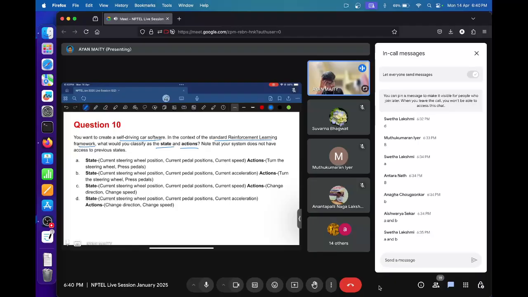Action should be change direction, change speed. And option D says current state should contain current steering wheel position, current pedal position, current acceleration, and action should contain change direction, change speed. So, what should be the state of the agent and what should be the action of the agent?